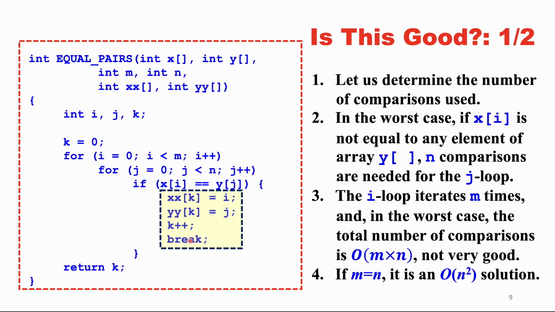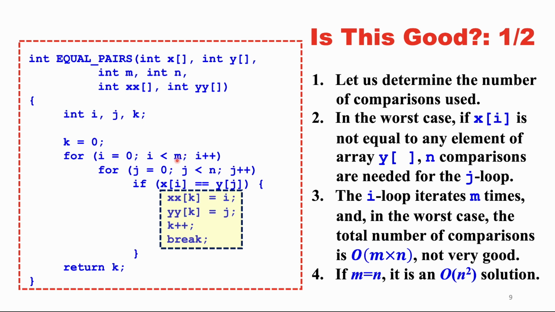So the inner j loop would loop n times. Each iteration requires one comparison. Therefore, each execution of the j loop requires n comparisons. However, the outer loop i would run from 0 to m iterations.